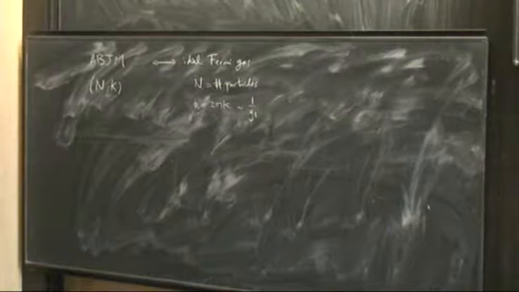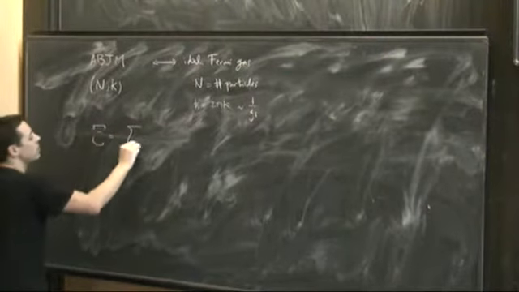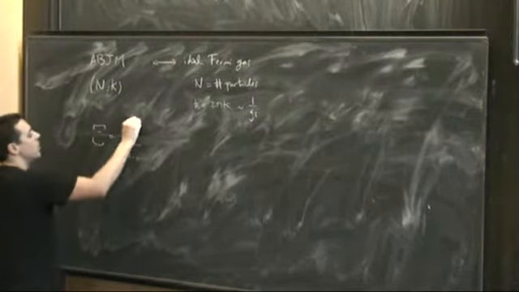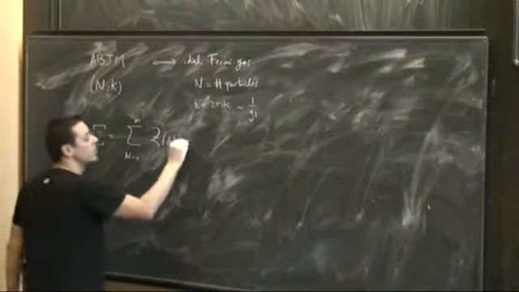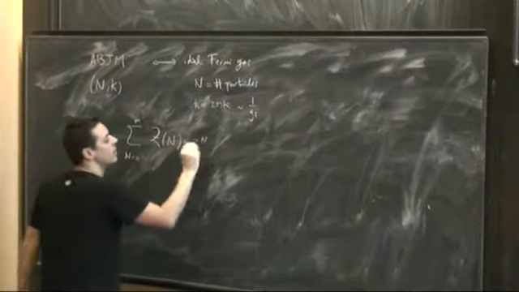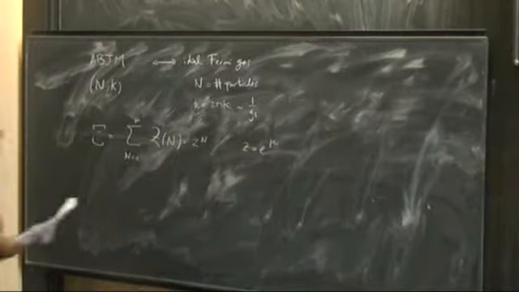But what you do usually when you calculate partition functions of ideal gases is go to the grand canonical ensemble. So you introduce the grand canonical partition function, which is just summing over all canonical partition functions with some fugacity z, where z is the fugacity and mu the chemical potential.